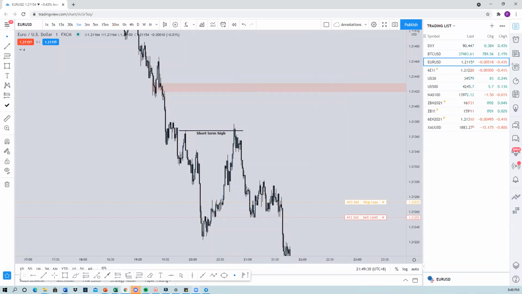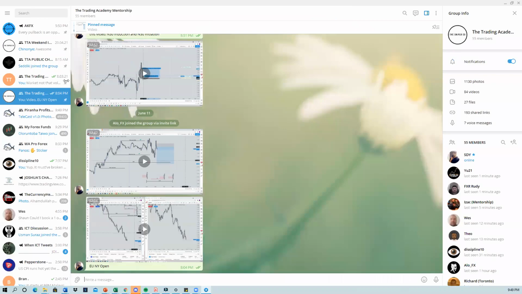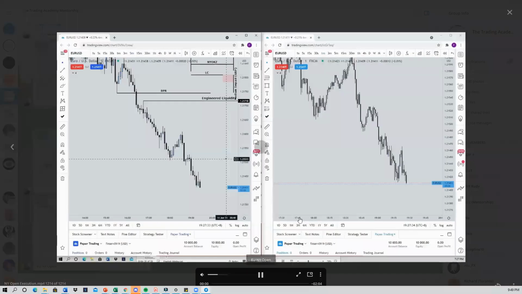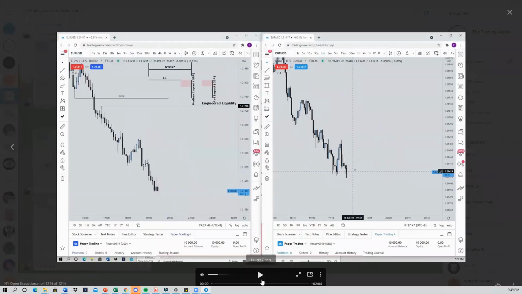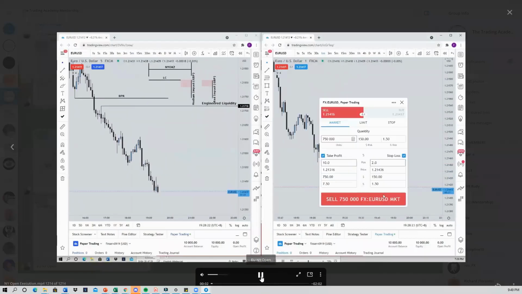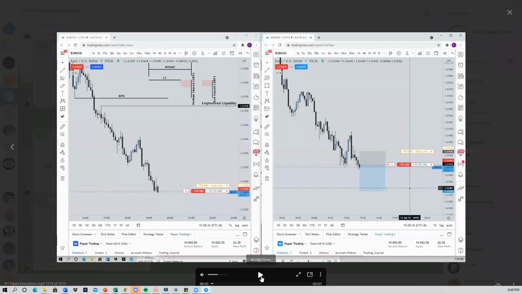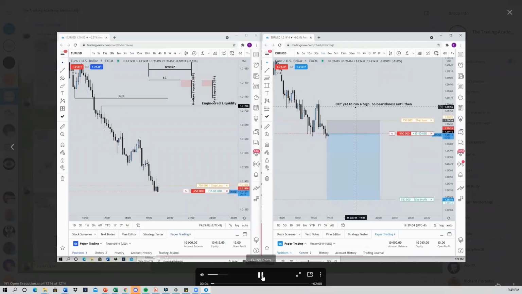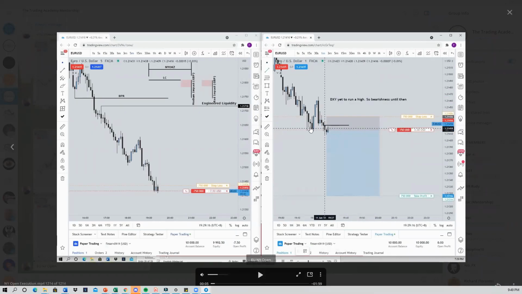Now if we look at this trade here, let's find the price. Let's see where I sold at. Okay, we sold at 1.21416.